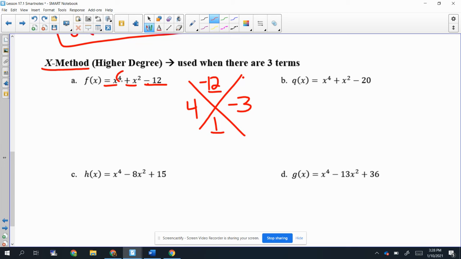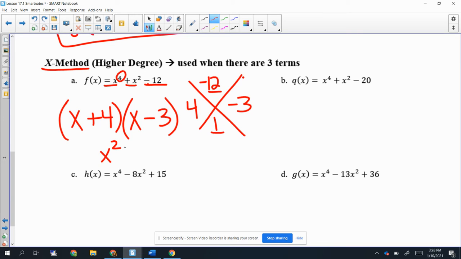Now, the only difference is because this is an x to the fourth, we can no longer just say x plus 4 and x minus 3. Because if we were to FOIL or multiply this back out, we would only get an x squared. So what we need to do instead is put x squared times. So x squared plus 4 times x squared minus 3. Because now, if we were to FOIL or multiply this back out, we would do x squared times x squared and get x to the fourth.